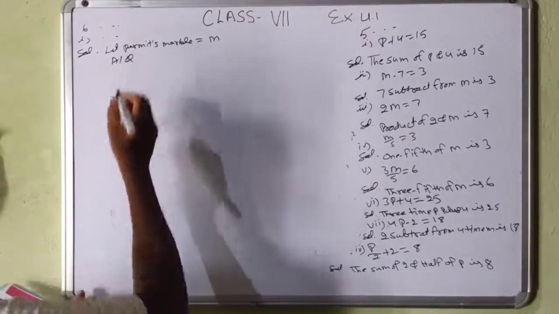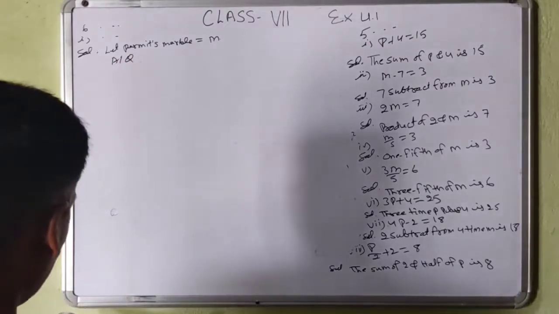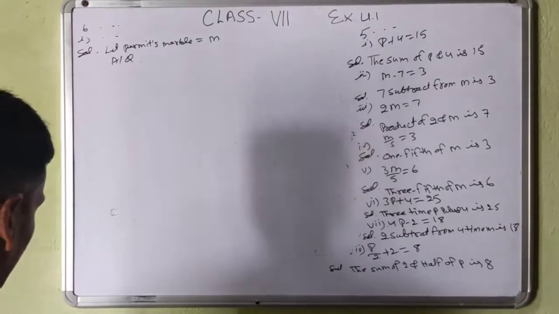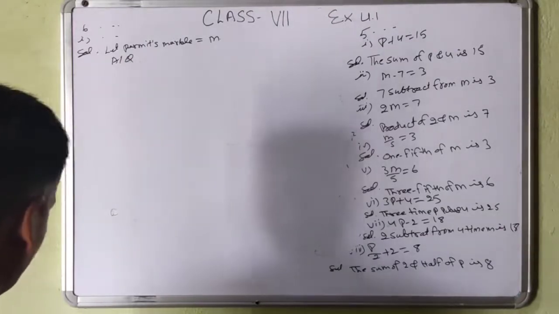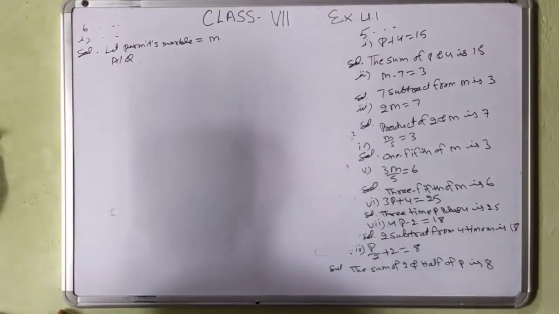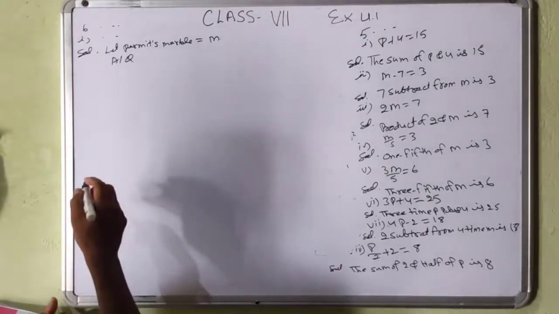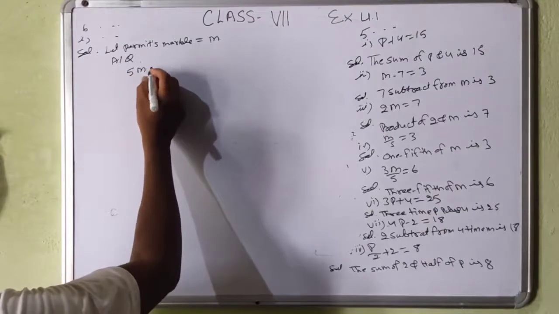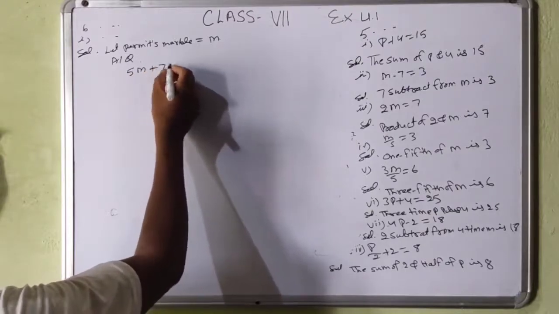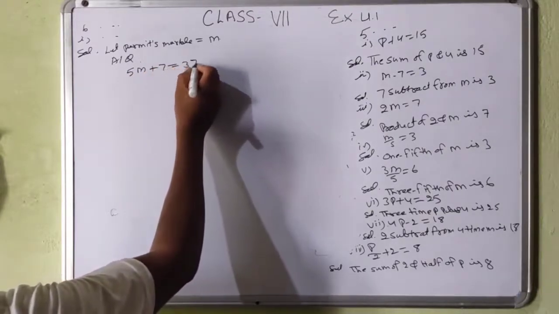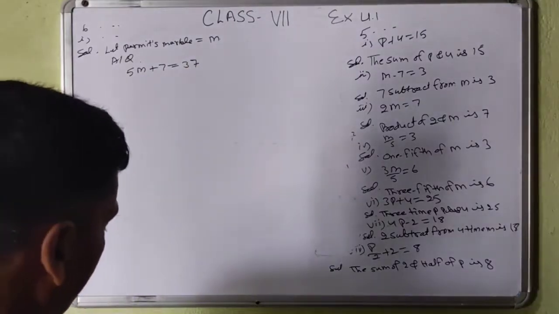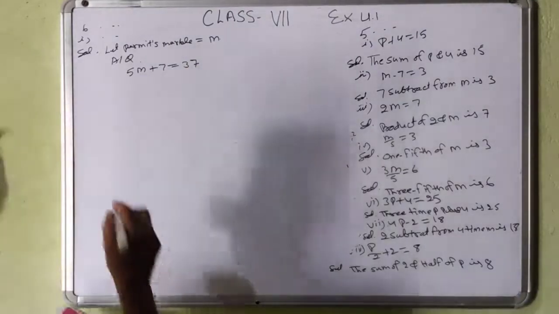According to the question, 5 times is 5m, plus 7 is equal to 37. This is the equation. We don't need to solve it.